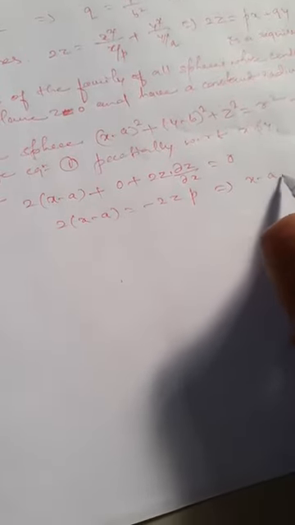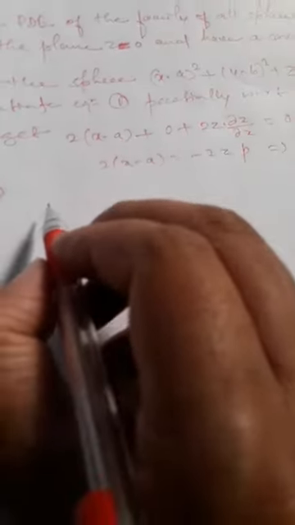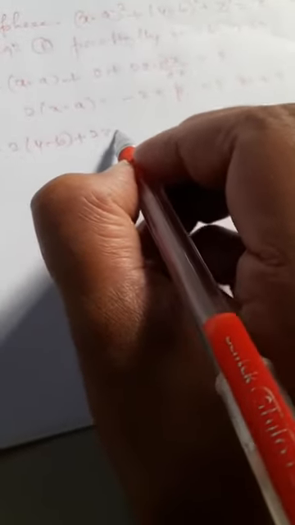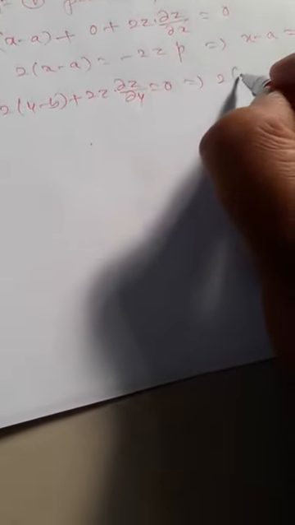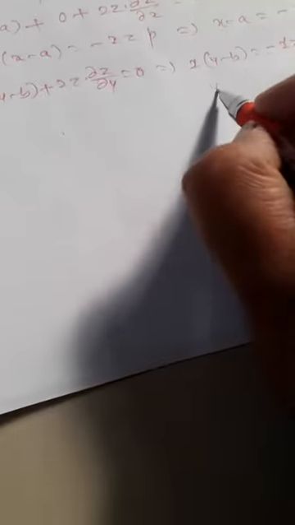Therefore x minus a equal to minus zp. And with respect to y, the first term is 0, next 2 times y minus b, similarly 2z dou z by dou y, and using denotation, 2 times y minus b equal to minus 2zq. 2 gets cancelled, we get y minus b equal to minus zq.